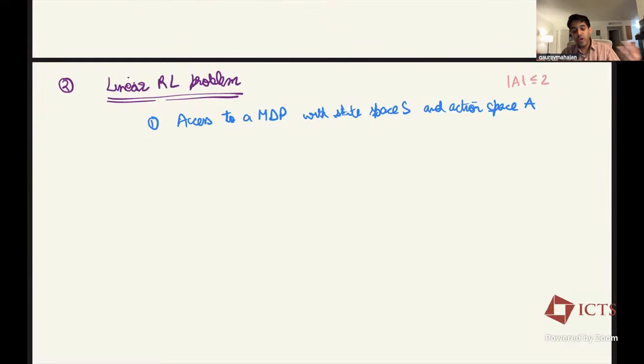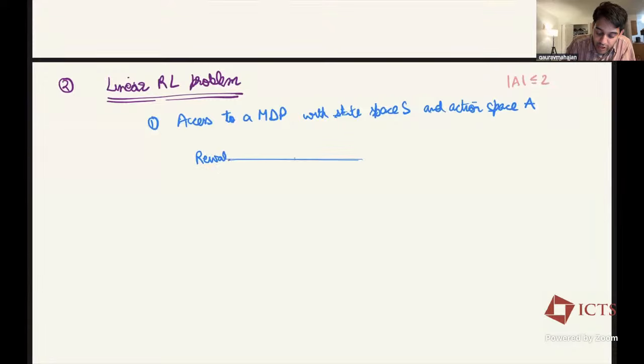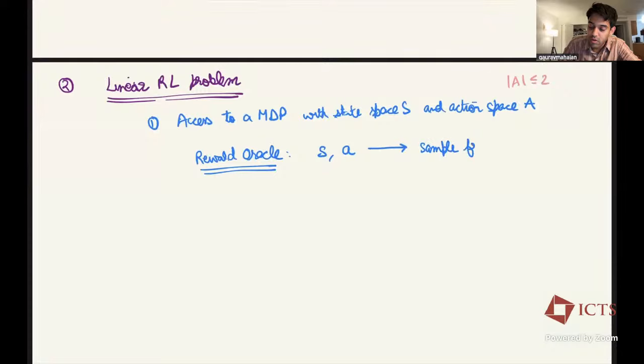And what do I mean by access to an MDP? That's really what we want to focus on most: we have access to oracles. One of them is a reward oracle. If you give it a state S and an action A, it gives you a sample from the reward function R(S,A), which is a stochastic, or randomized, function.